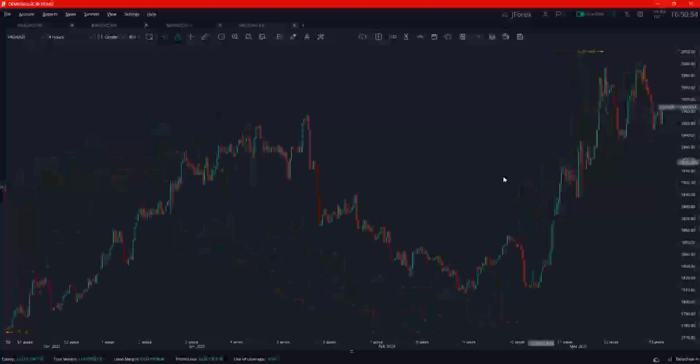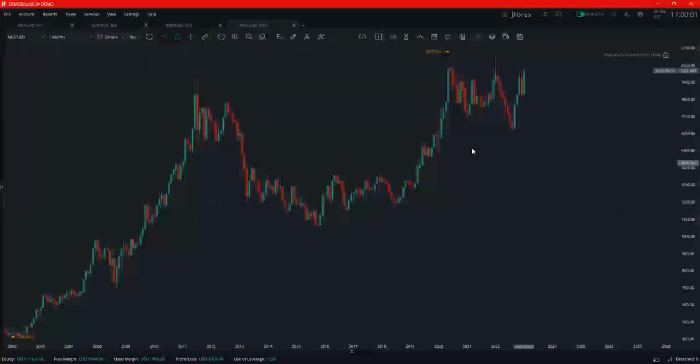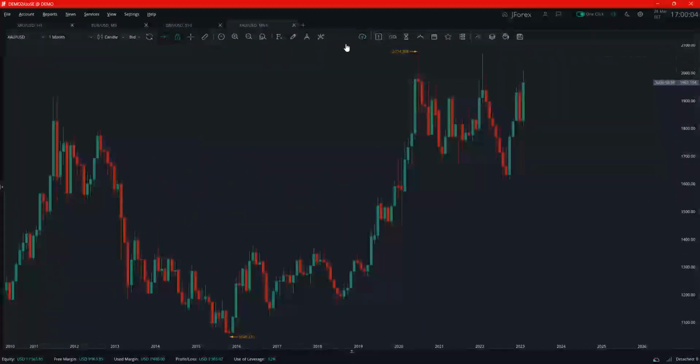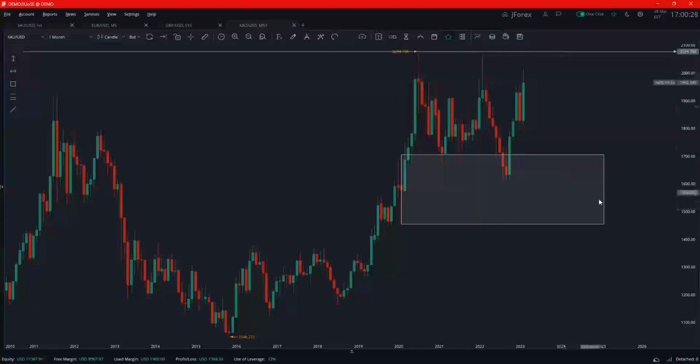If you look at the monthly, for example, on the gold chart, I don't see any engulfing to the downside. So I would be looking for floors after we break this. We have no clear QM structure on the monthly that would suggest that we will go down. So based on that, I would advise everybody to look into the higher time frames: monthly, weekly, and then daily.